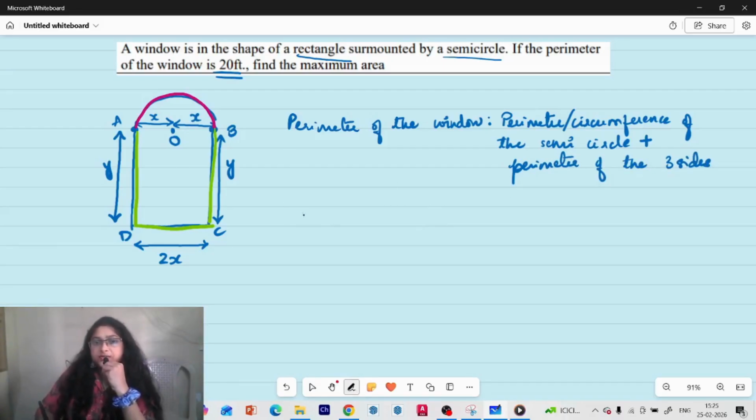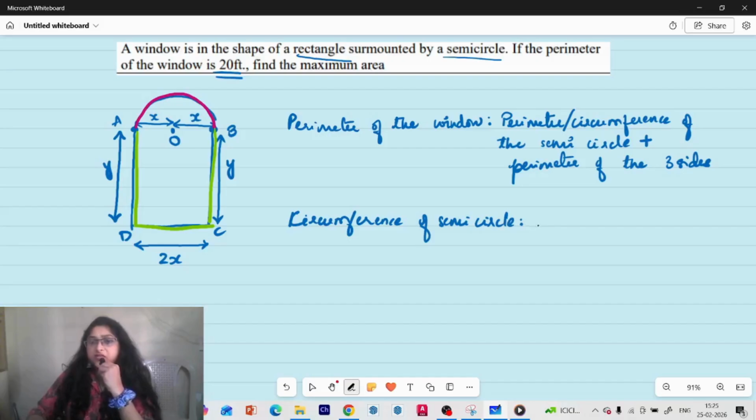So what is the circumference of the semicircle? Basically for a circle it is 2 pi r. So if it's a semicircle, it's just 2 pi r by 2. The 2 will get cancelled. It's just pi into the radius. What is the radius? We assume this is x units. So the circumference of our semicircle is pi x.